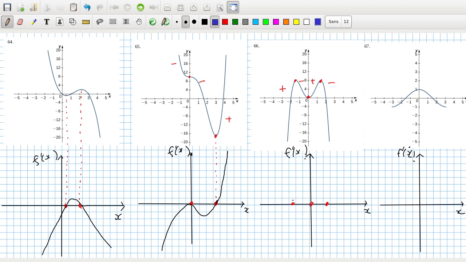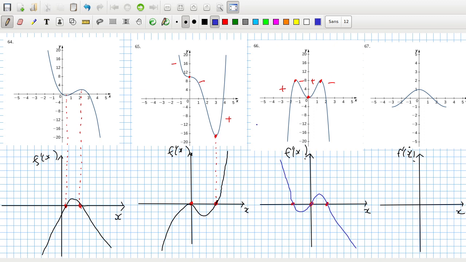So positive, negative, 0, positive, 0, negative, positive, hits the 0, goes negative, hits the 0, positive to here, and goes negative again.